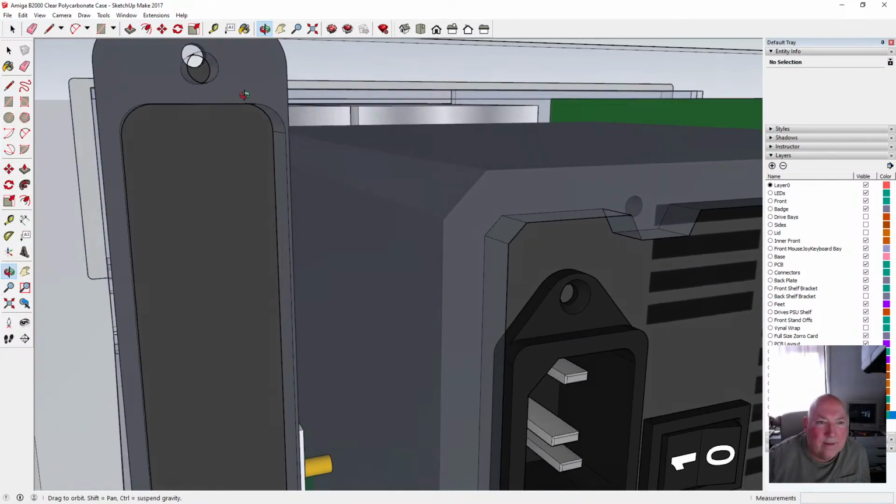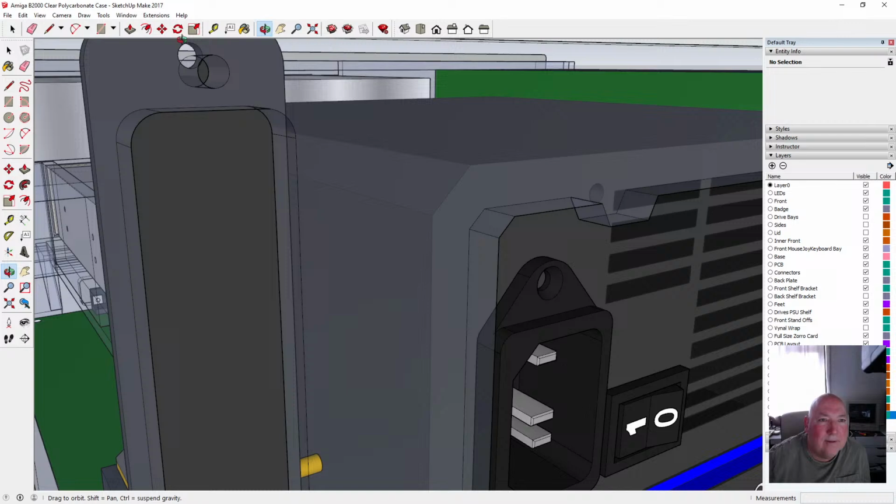So, where do we go? Which one do we go with? Let's have a look.